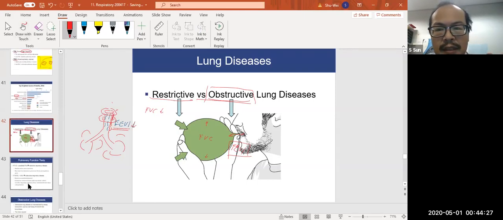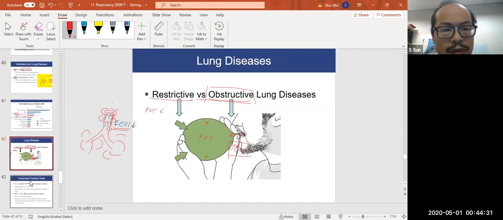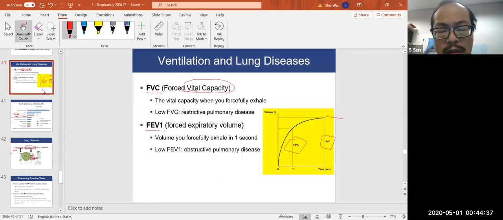So that's how we tell the difference between restrictive versus obstructive lung disease. We basically have this patient blow through the spirometer very forcefully, and then we can get these two measures, FVC and FEV1.